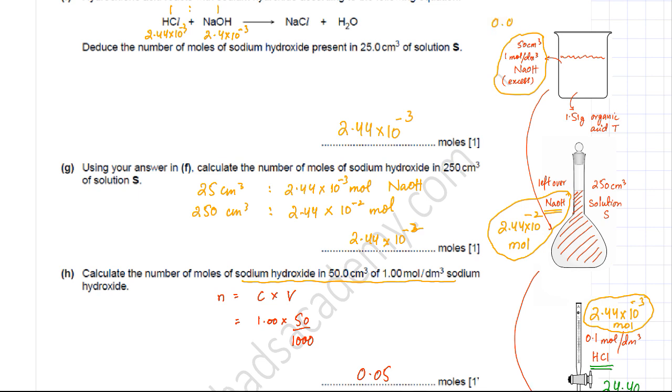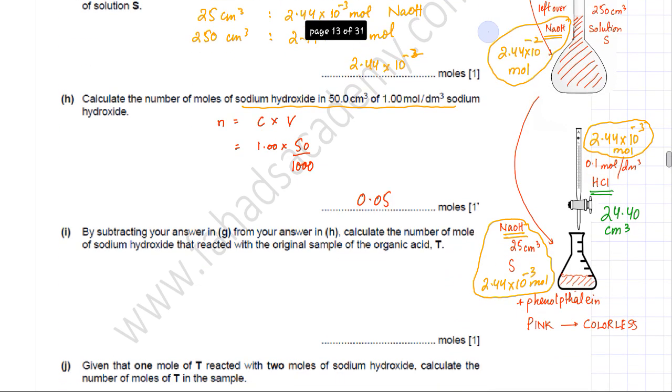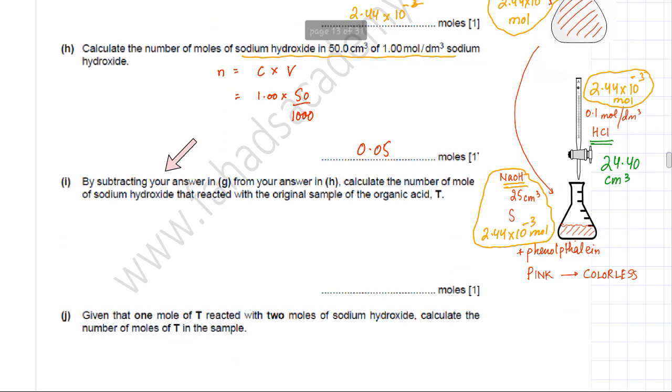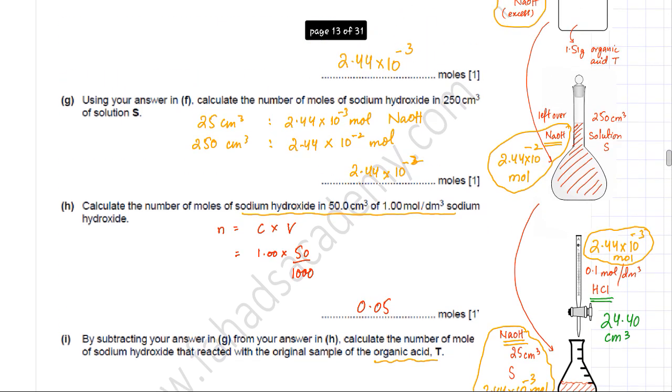So these are the moles of NaOH that were added initially at the very beginning. It's 0.05 moles of NaOH that were added, that were reacting with the organic acid, but since it's in excess, some of it was left behind. And we've also calculated the leftover NaOH, which is 2.44 into 10 to the power minus 2 moles. Now moving to the next part, he's asking, by subtracting your answer in G from your answer in H, calculate the number of moles of sodium hydroxide that reacted with the original sample of the organic acid T. So now we are asked to figure out how many moles of NaOH were actually reacting with this organic acid.